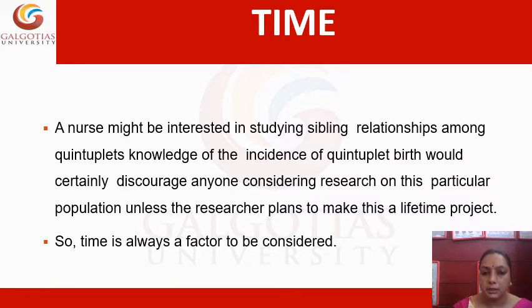A nurse might be interested in studying sibling relationships among quintuplets, but knowledge of the incidence of quintuplet births would certainly discourage anyone considering research on this particular population unless the researcher plans to make this a lifetime project. For example, you are not going to see triplet pregnancy as commonly as you can see single baby pregnancy. So time is also one of the considerable points, and is always a factor to be considered.